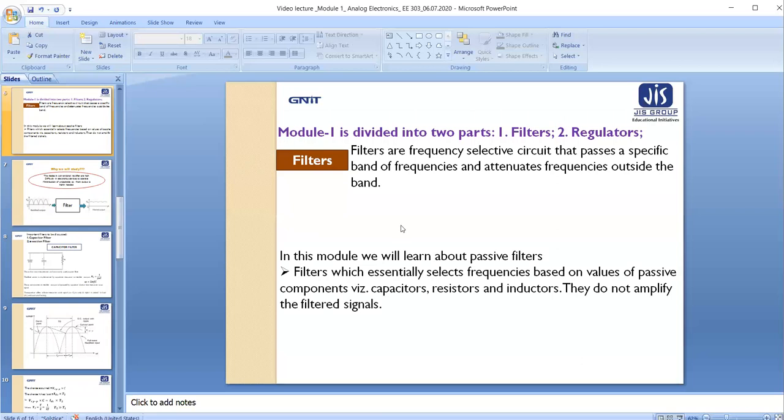Now, module 1 is divided into two parts. First part is filter, the second part is regulator. First of all, we have to know what is a filter. Mostly in our daily lives, we are dealing with AquaGuard and several branded water filters.